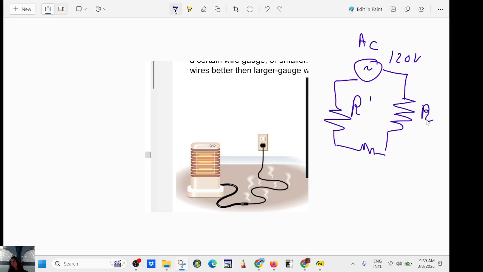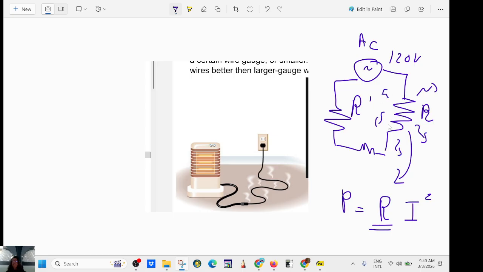If this resistance is very large, the power consumed is Ri squared, so a lot of heat is produced, and you can start a fire. So be careful.